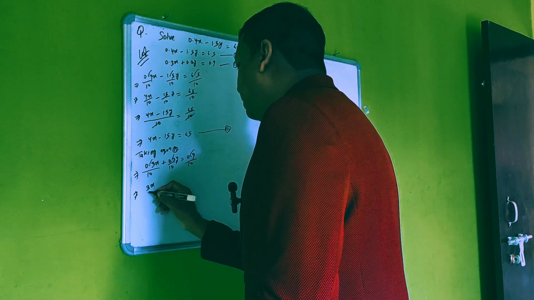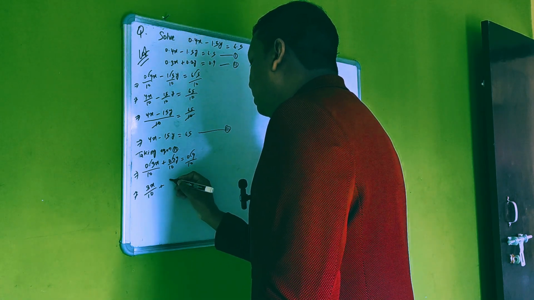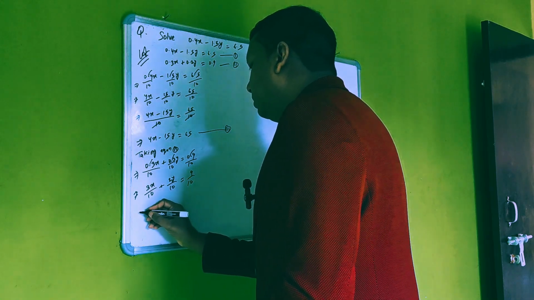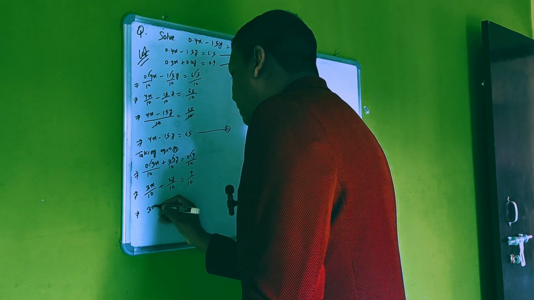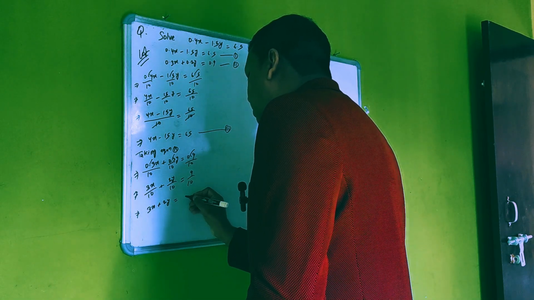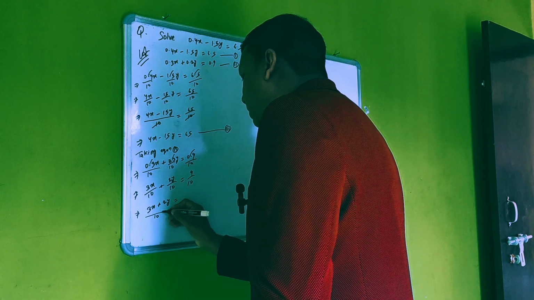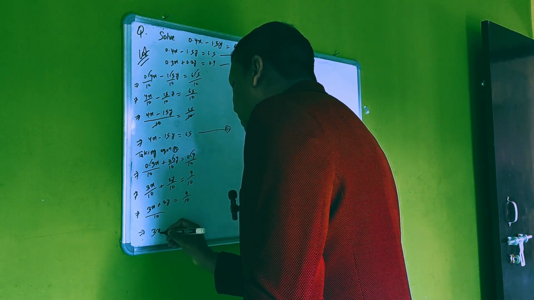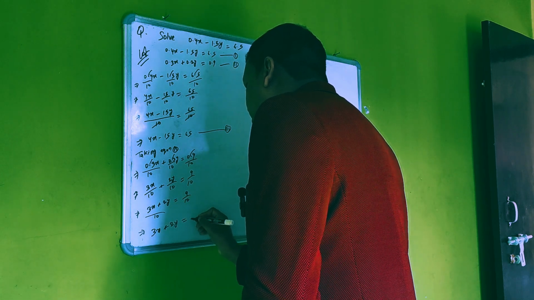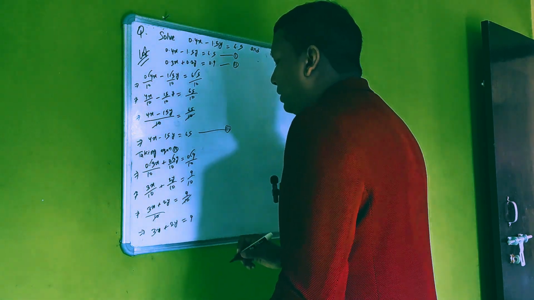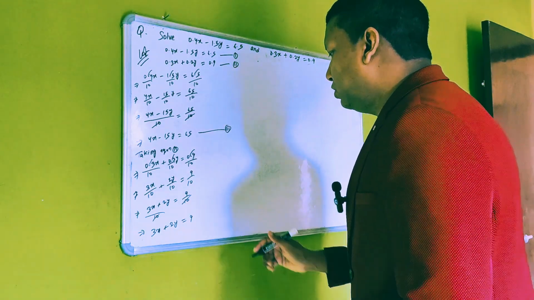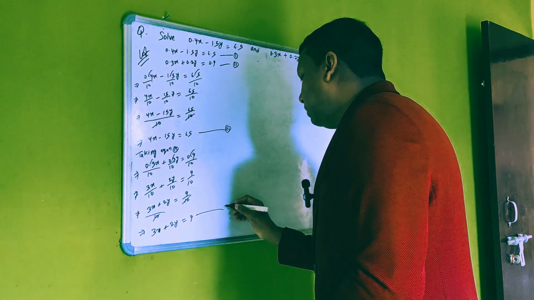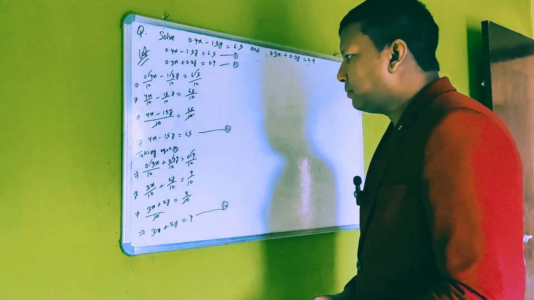Or we can write 3x by 10, 2y by 10, and 9 by 10. Or 3x plus 2y divided by 10 equals 9 by 10. Or we can write 3x plus 2y equals 9. The 10 cancels because it is in both denominators; if you do cross multiplication, the 10 cancels. Let's assume this is equation 4.